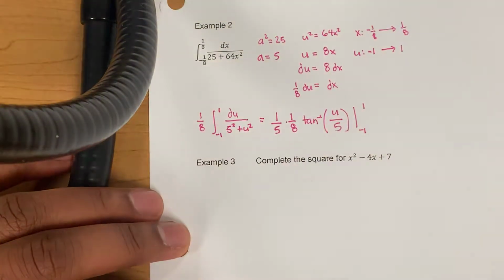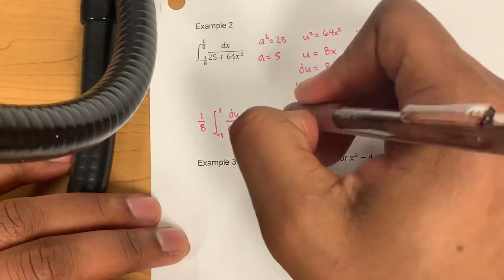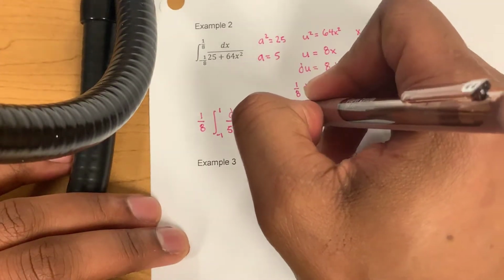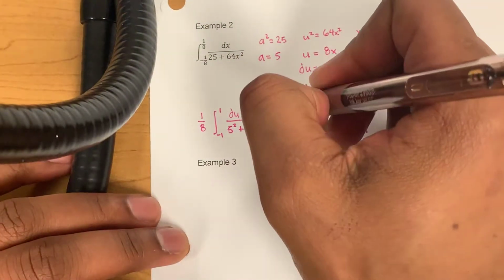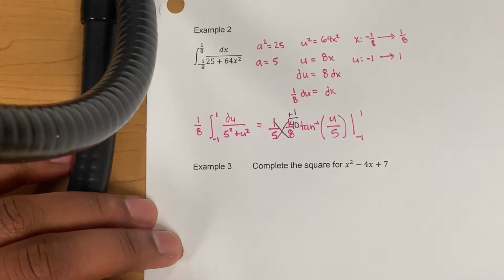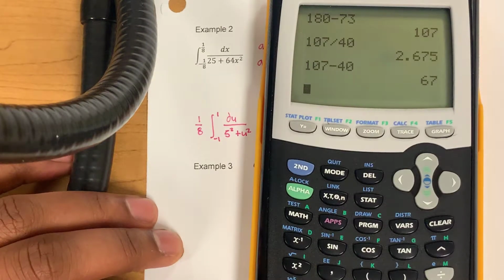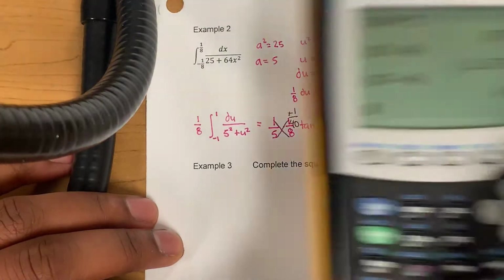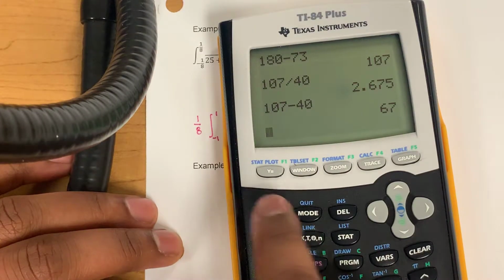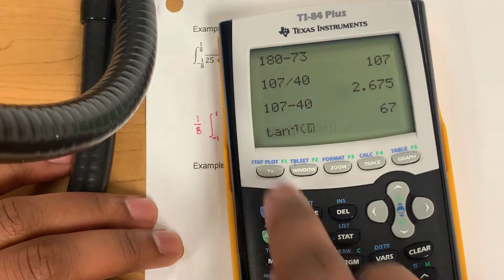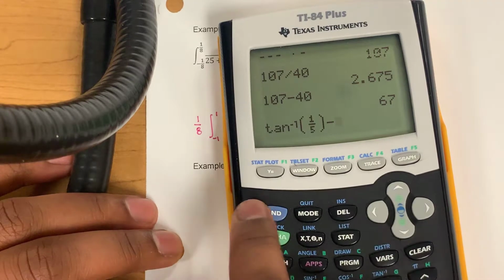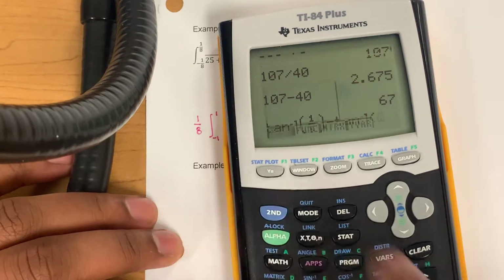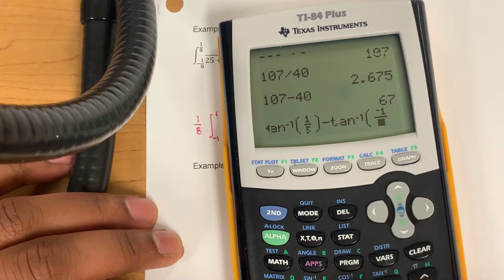So this we can instead replace with 1 over 40. Not -1, I'm sorry, why are we making it negative? Just 1 over 40. So let's see, it's tangent inverse of 1/5 minus tangent inverse of -1/5.